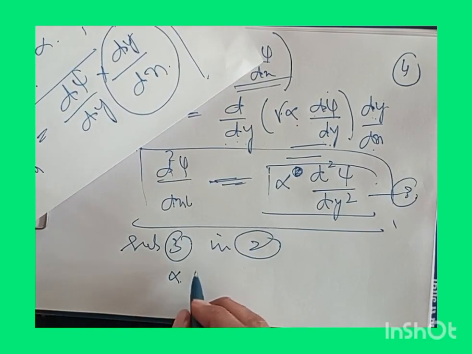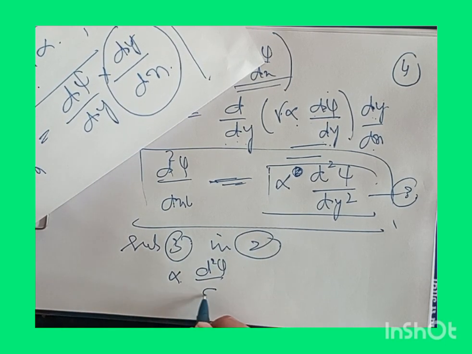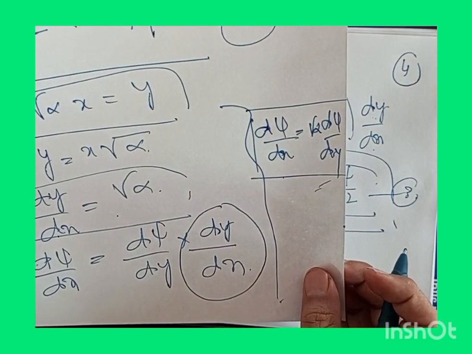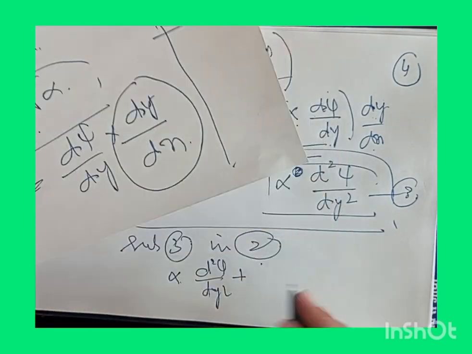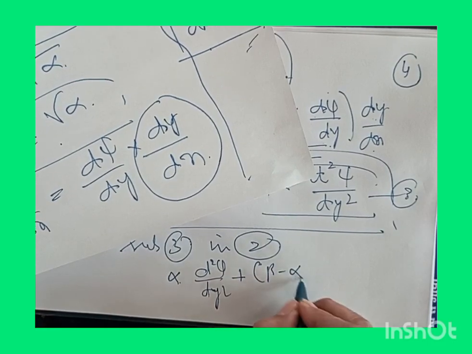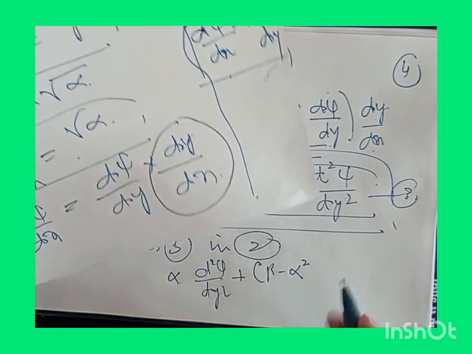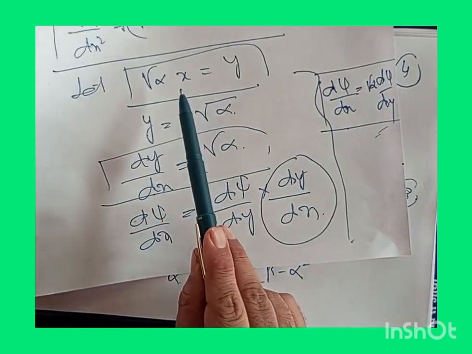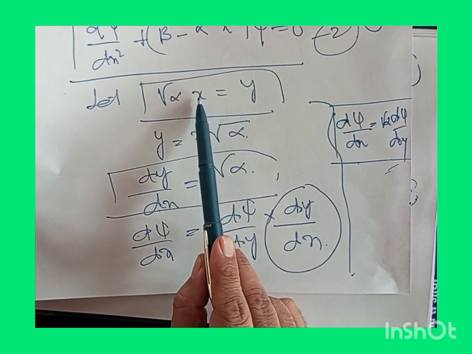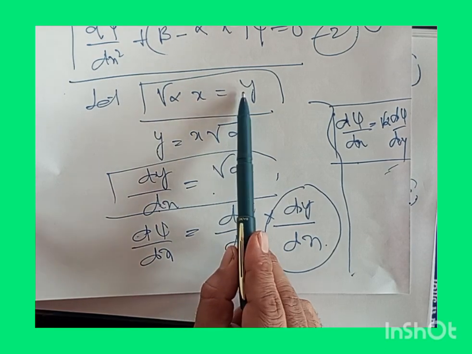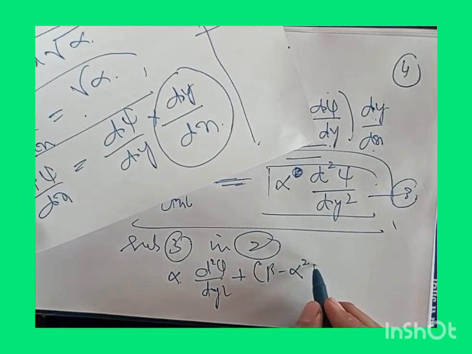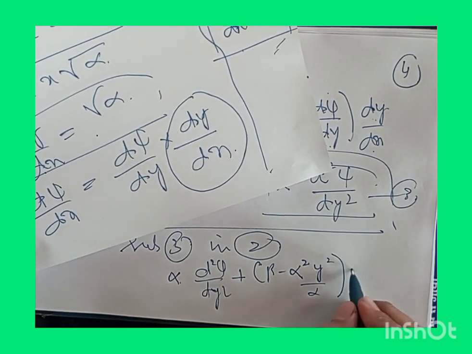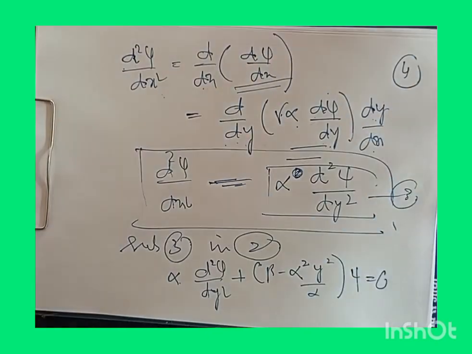So I will have alpha, then I will have d2 psi by dy2 plus beta minus alpha square, but I have to resolve this x square. Now where is x? What will be x square? X square will be y square by alpha. So this is y square by alpha times the original psi equals 0. That should be the case.